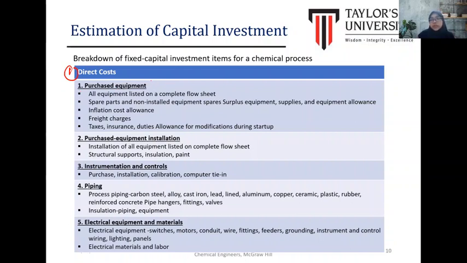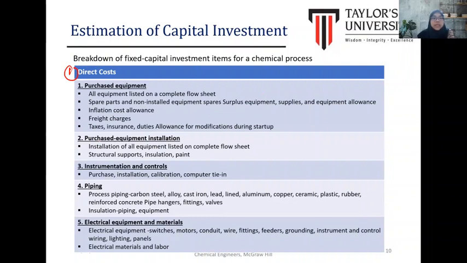The purchase equipment covers almost 50% of the total fixed capital investment. It covers all the equipment listed on the complete flow sheet. We should consider the cost for all the equipment in the process plant, regardless of whether it is fabricated or directly purchased from the manufacturer.